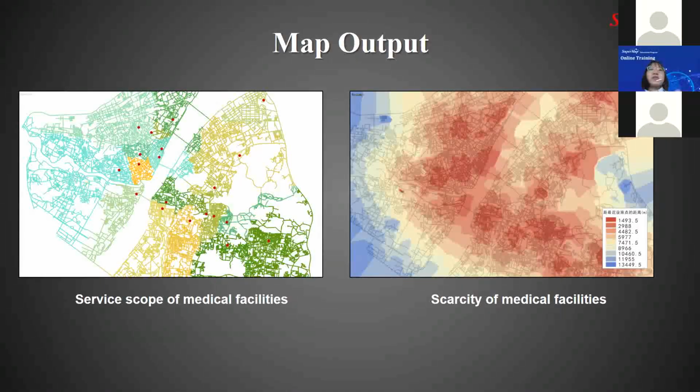And here is about the service scope and the scarcity of the medical facilities. We could see that usually the urban area has more possibility to access these medical facilities, but for rural areas, there seems to be higher scarcity of medical facilities.